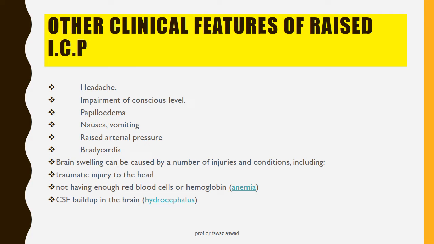These are considered the most important clinical features if the patient is complaining of intracranial lesions or intracranial pain. Here the patient attending to you may complain of headache, and if you investigate these patients further, we could demonstrate impairment in the consciousness of the patient.